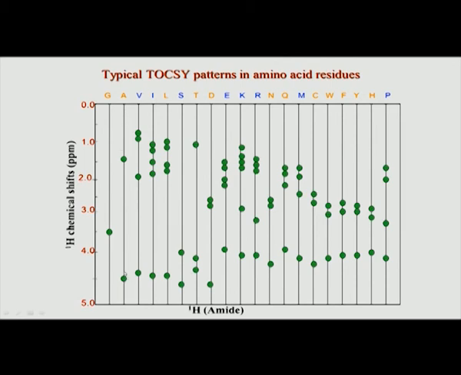There is an alpha proton which is around 4 to 4.5, or sometimes it can come at 3.5, and there is a beta proton which is much further up and comes around 1.2 to 1.5. Then comes valine. Valine, as we just saw, has alpha, beta, gamma 1 and gamma 2, and that has a pattern like this. So, like this, for every amino acid there is a distinct pattern, and it is very easy, based on those patterns, to recognize those amino acids.